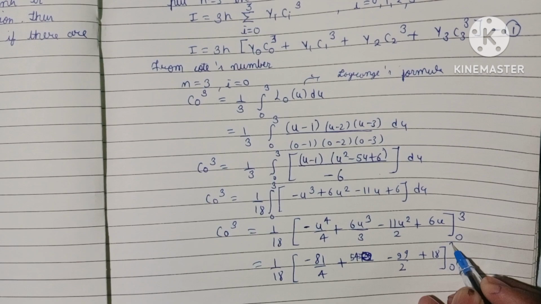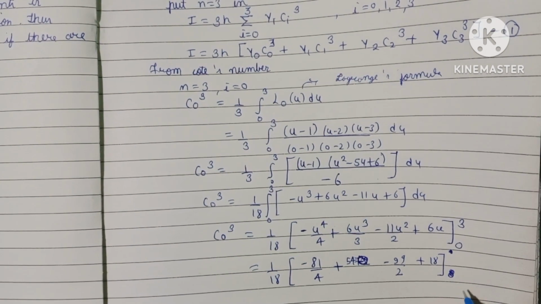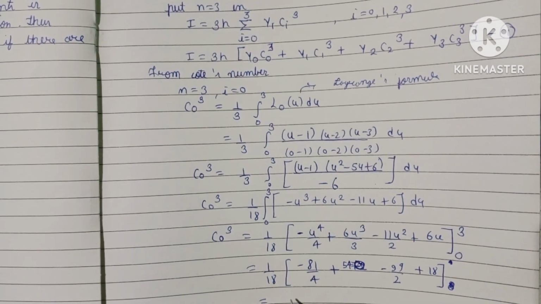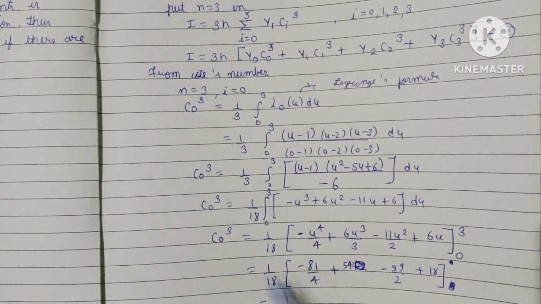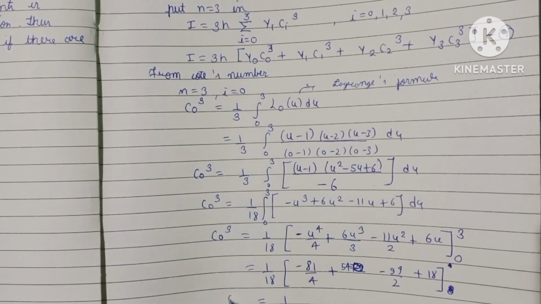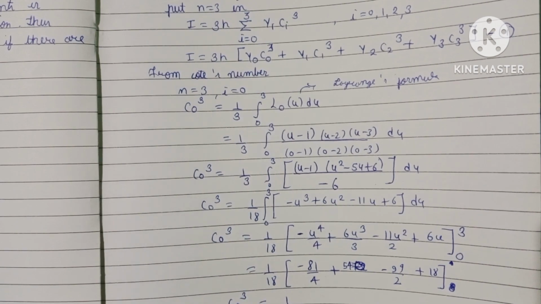After solving this, we get the C0^(3) value equal to 1 by 8.